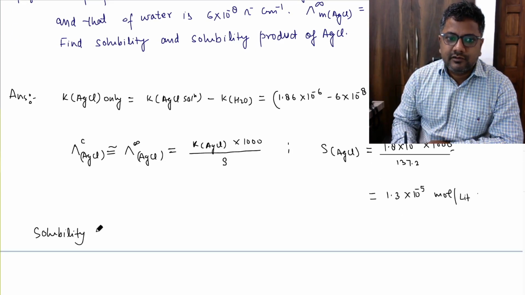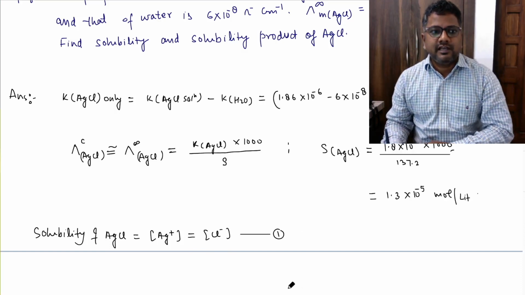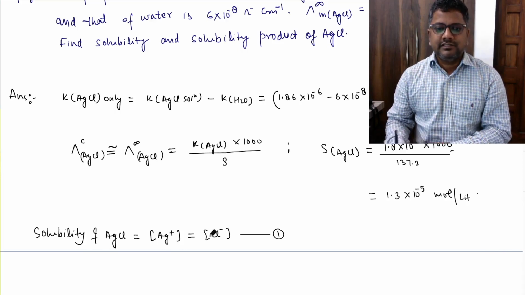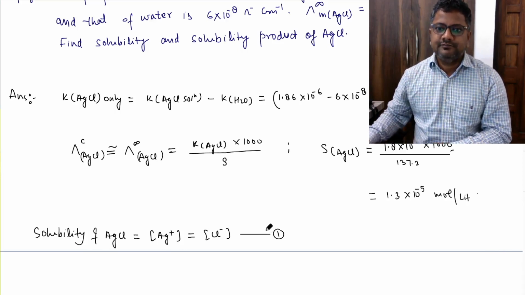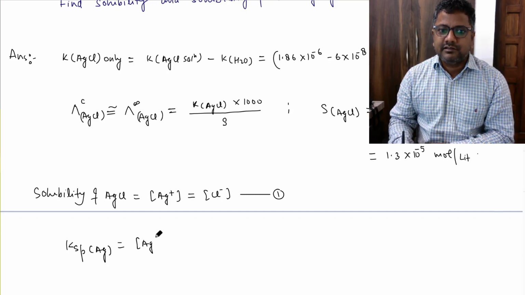The solubility of AgCl is equal to the concentration of Ag plus, which is equal to the concentration of Cl minus, because there is no complex formation, no hydrolysis, nothing else happening in this solution. So this relation is always valid. So Ksp of AgCl is equal to the concentration of Ag plus in the saturated solution times the concentration of Cl minus.